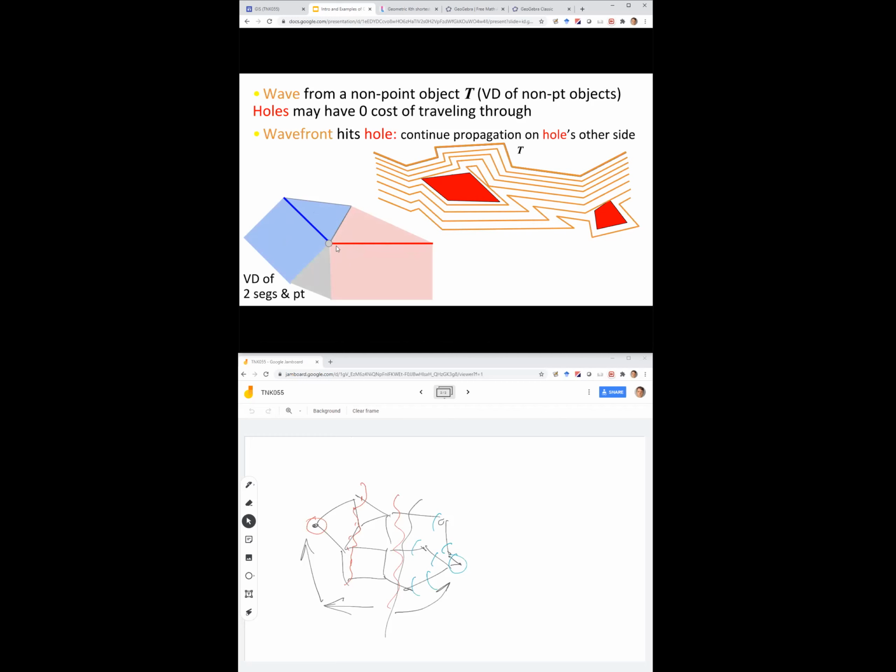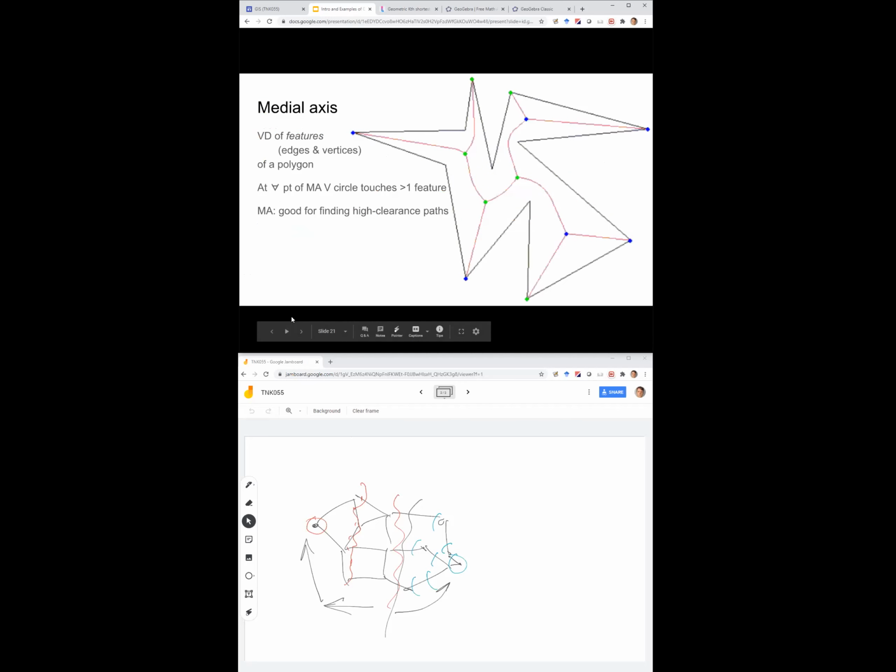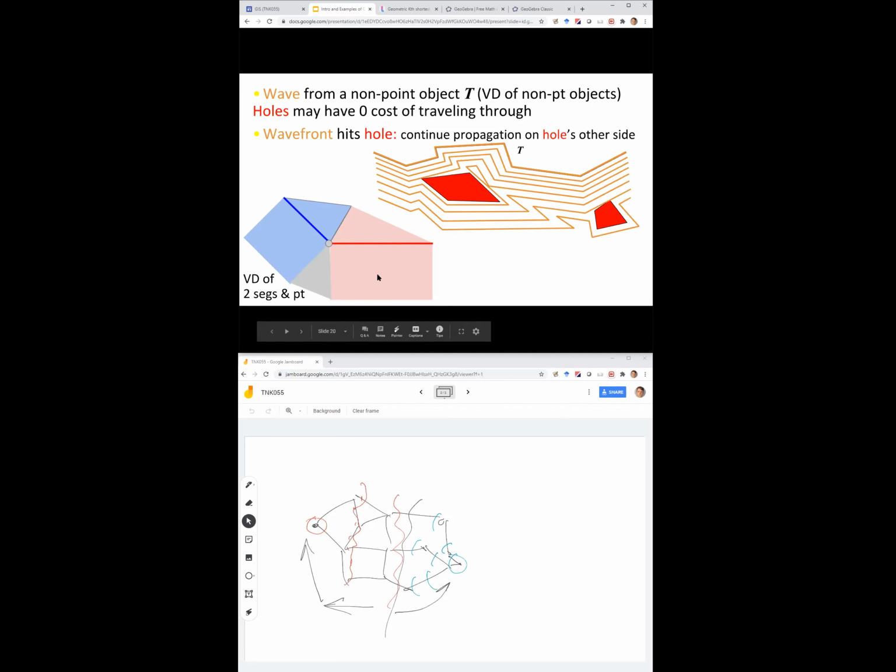So out of the blue, gray, and red, for any point within the blue region, the blue segment is the closest one. For anything inside the red region, the red segment is the closest feature out of these three: the blue, the gray, and the red. And anything in this gray cone, the closest thing is the gray, well, the vertex.